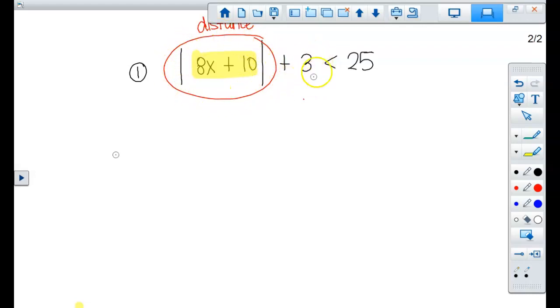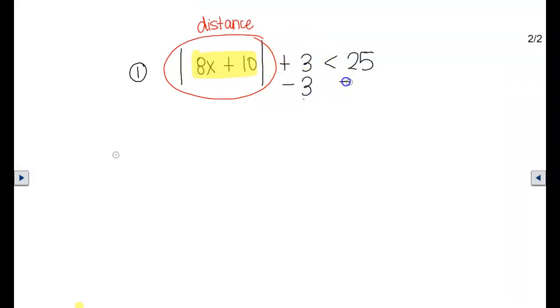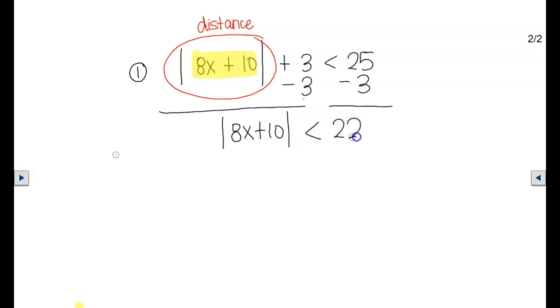To do that, I have to get rid of this plus 3. So to get rid of plus 3, I will do minus 3 on both sides. So that will give me the absolute value of 8x plus 10 is less than 22. So we are going to isolate the absolute value first.